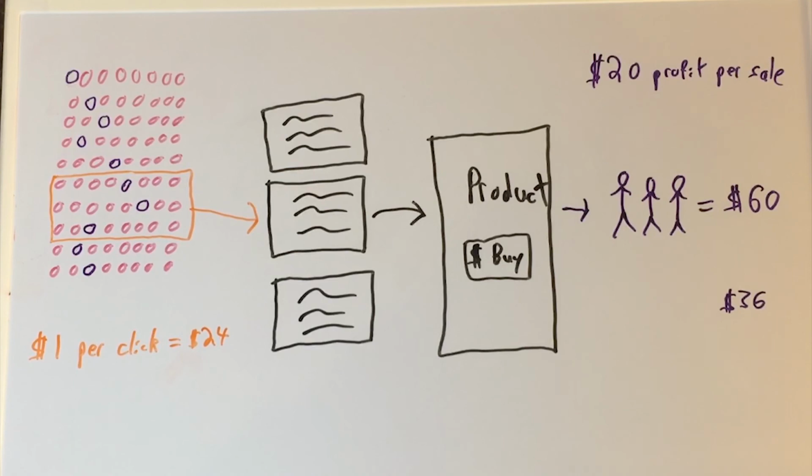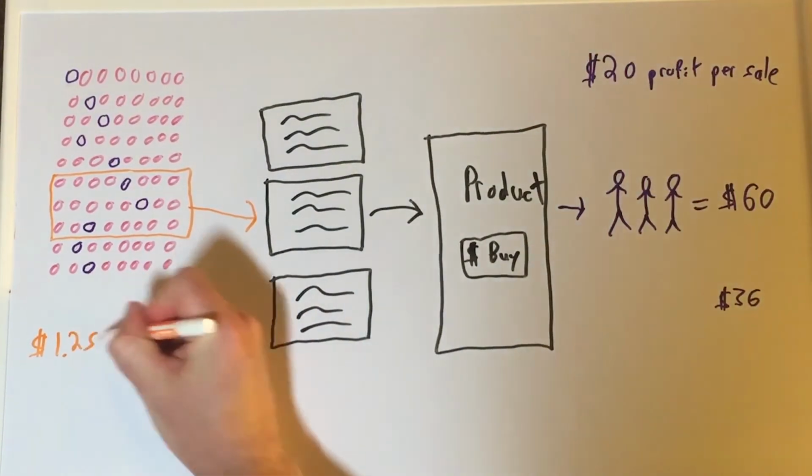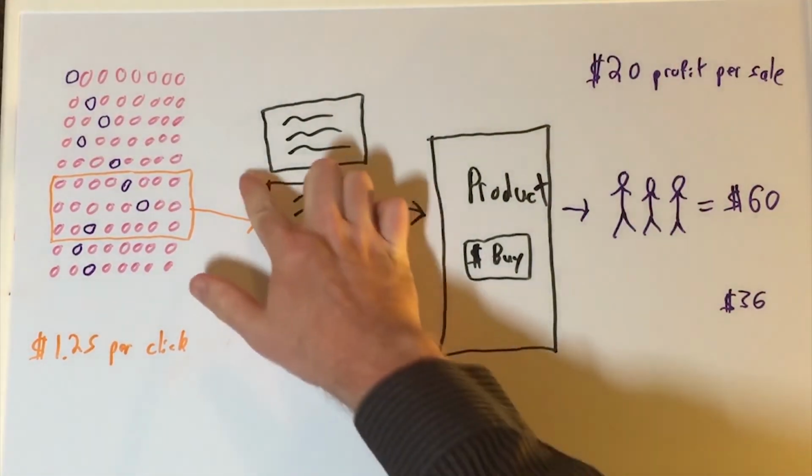Now that we know our profits are better, we're making more profit per customer. What we can do is actually increase our bid and get more traffic to our ads and more customers. So let's say, instead of spending $1 per click, we're going to spend $1.25 per click.